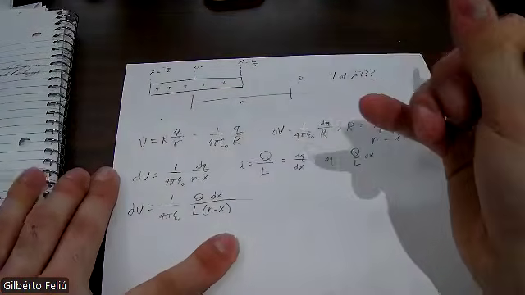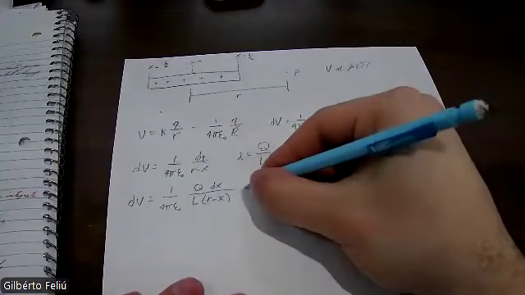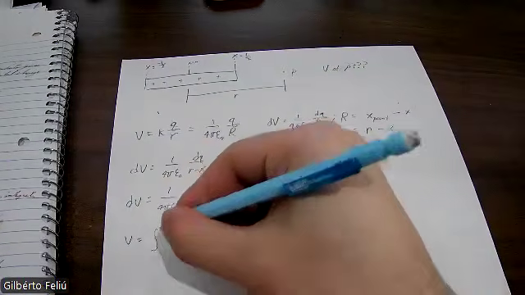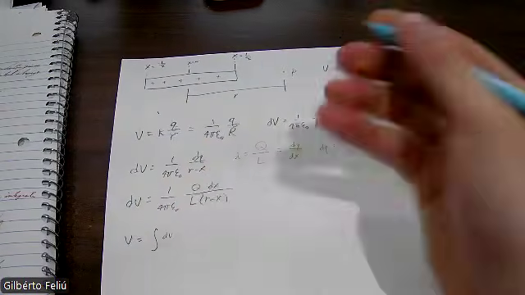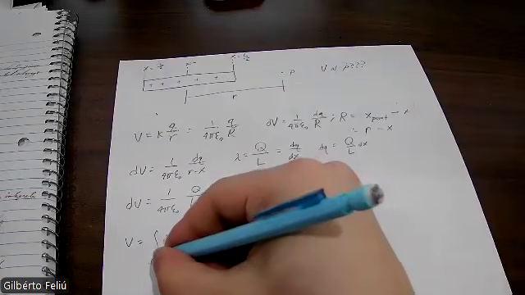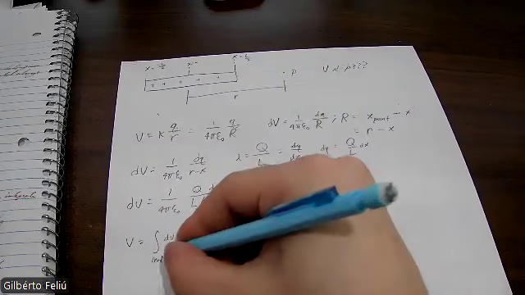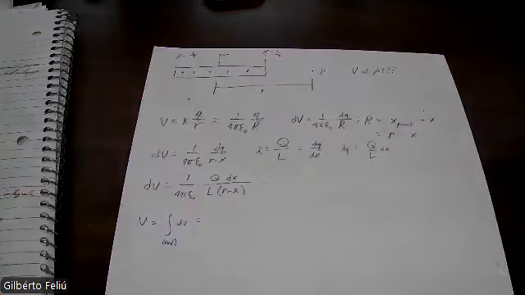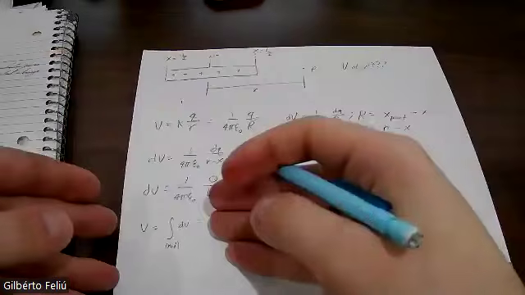And like I said, total potential is what you get when you add up a bunch of little mini potentials across the rod. And beautiful, we have an expression for dV.